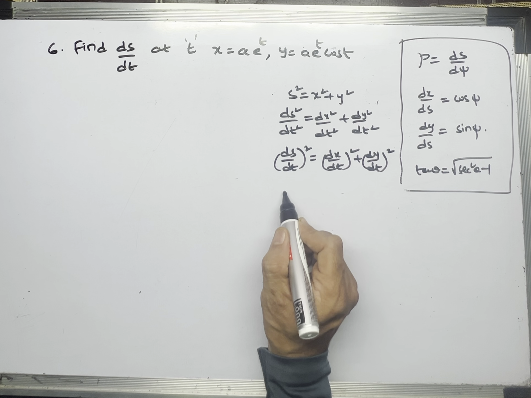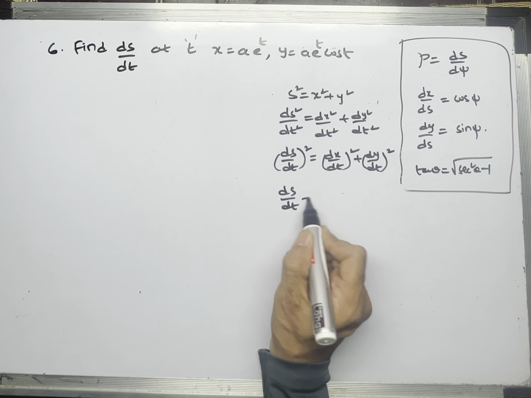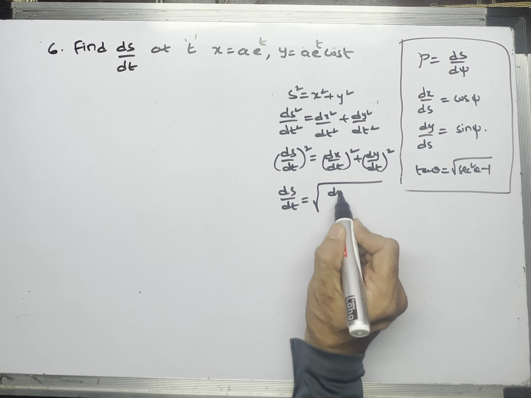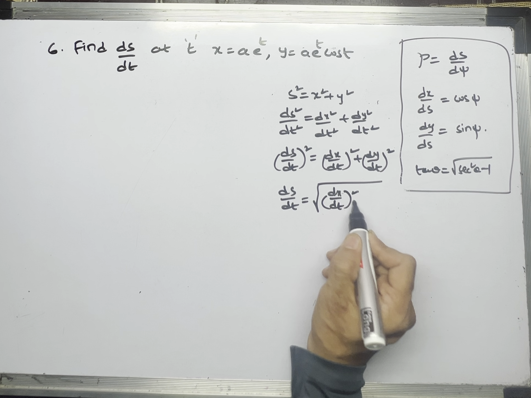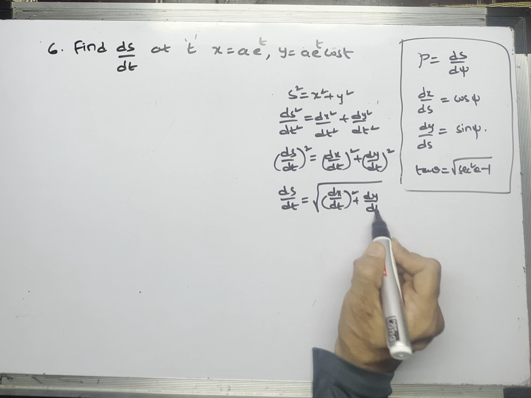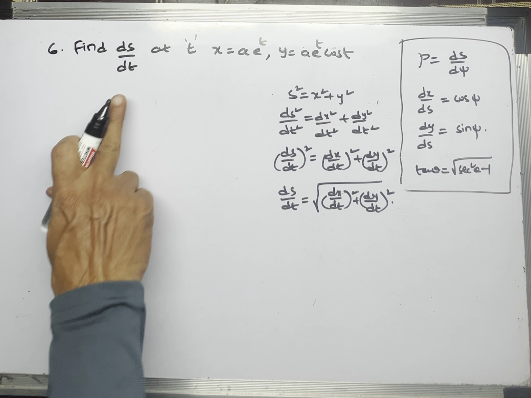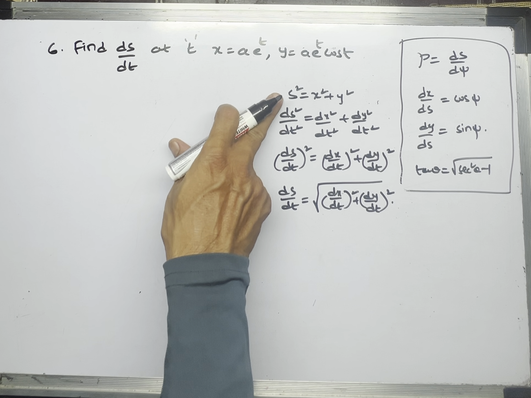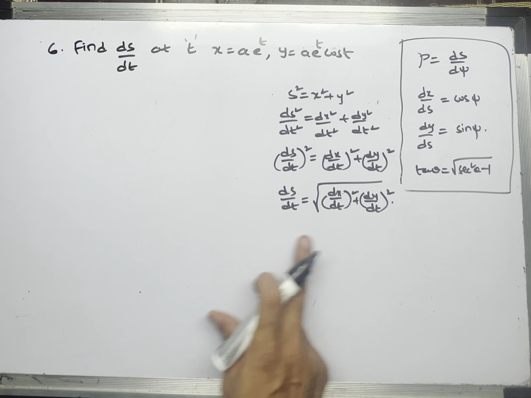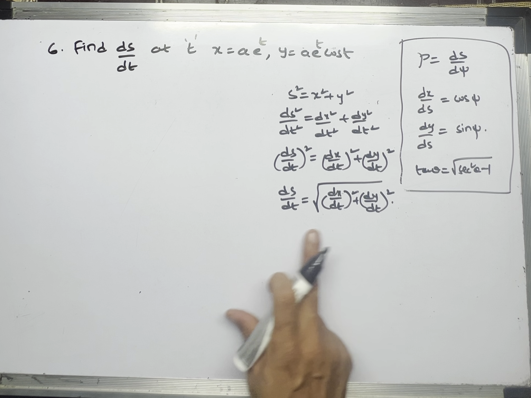So what is ds by dt at the end? Square root of dx by dt whole square plus dy by dt whole square. So ds by dt, by saying this you have to implement dt square, then you can derive your formula, or you can go through with this formula.